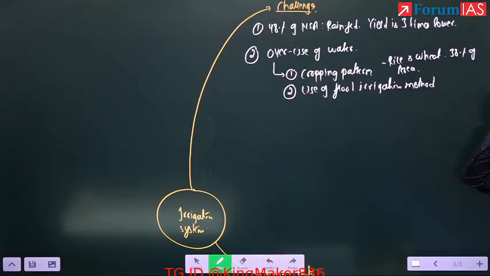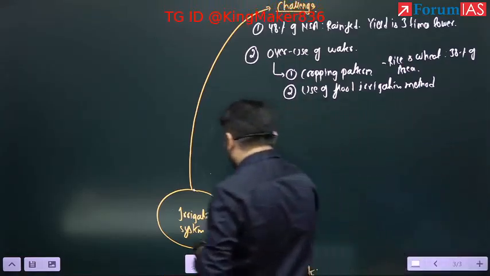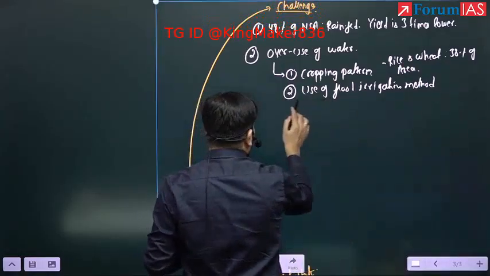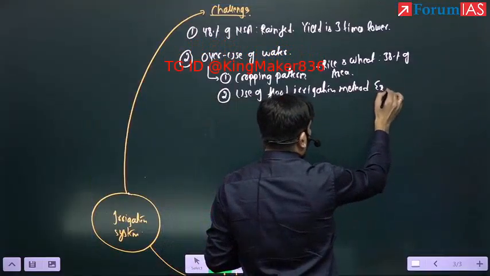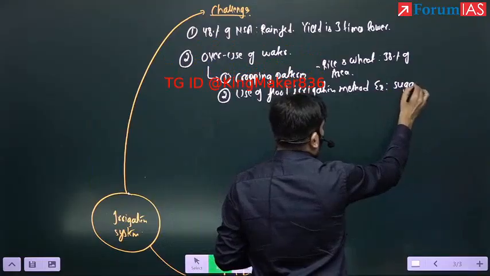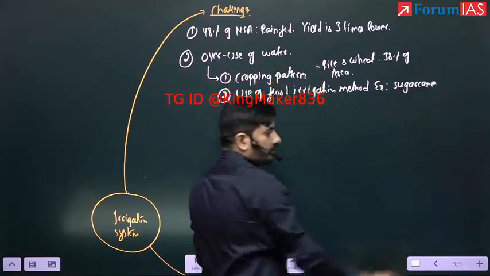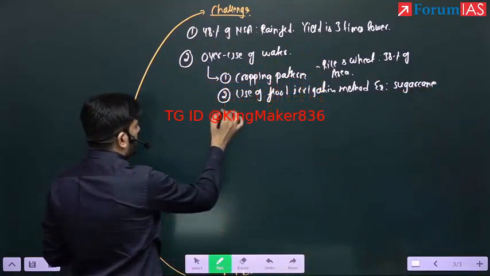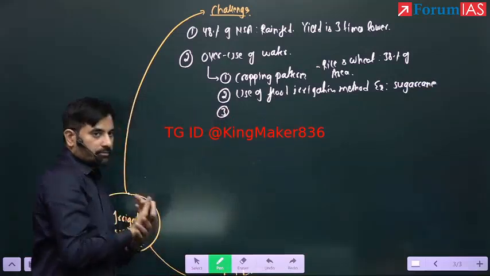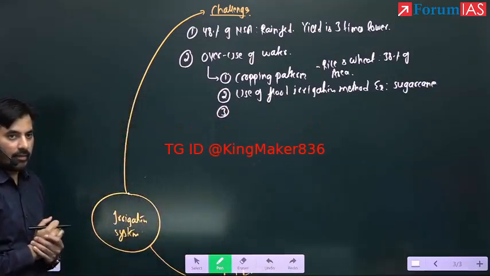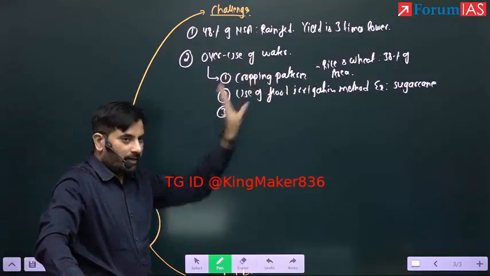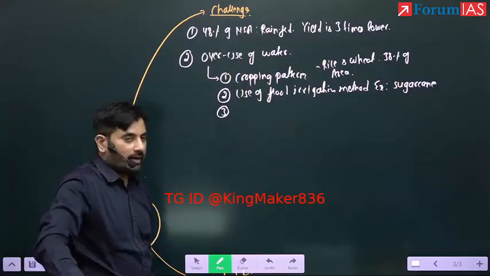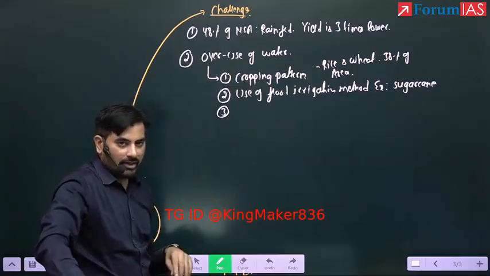Which crop? Yes, sugarcane. Very good. So use of flood irrigation method, example, sugarcane. We'll come to that. We'll connect all the dots, don't worry. So sugarcane, we are using more of flood irrigation.